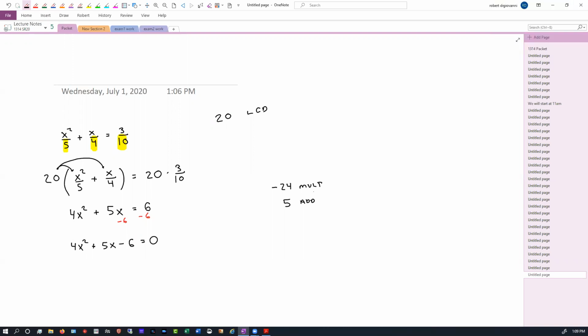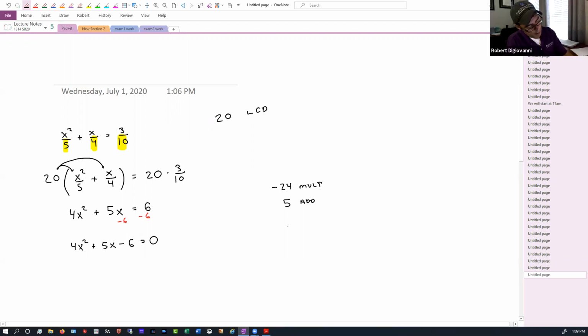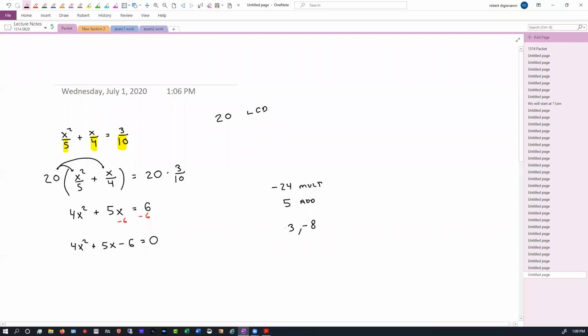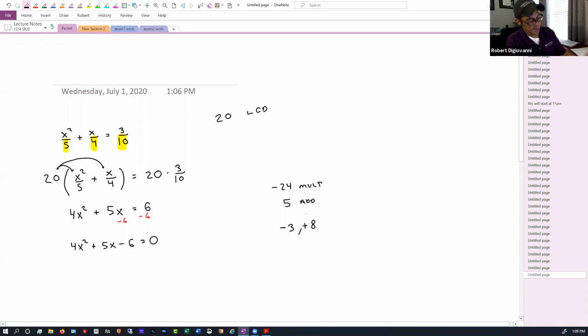Three times -8. Close. Because if we do 3 and -8, those add up to be -5, right? You need it the other way around. So how about -3 and +8? That should work, right? -3 times +8 is -24. And when you add -3 plus 8, you get 5.